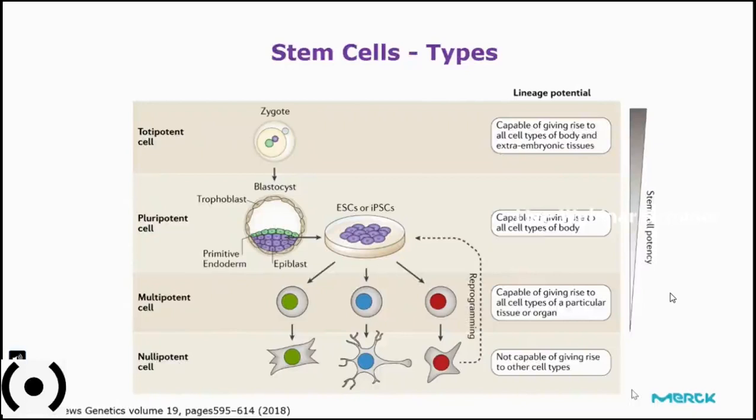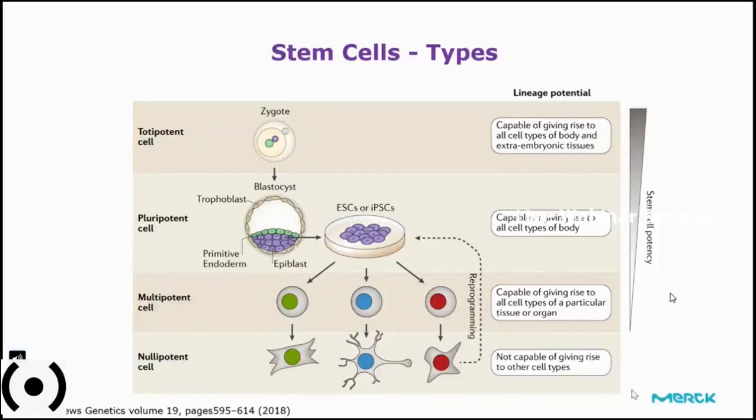These embryonic stem cells are pluripotent because they are capable of giving rise to all cell types of the body, but they cannot develop extra embryonic tissues like the placenta. That's why they are known as pluripotent. So always remember, the cells in the zygote are totipotent, while the cells in the inner cell mass of the blastocyst are pluripotent, and those are embryonic stem cells.